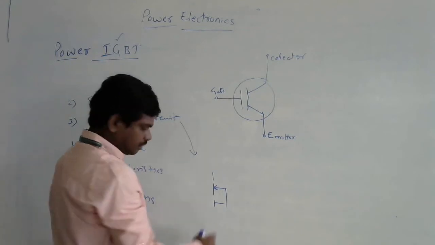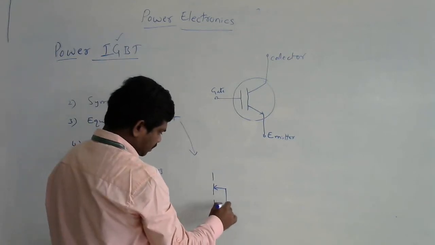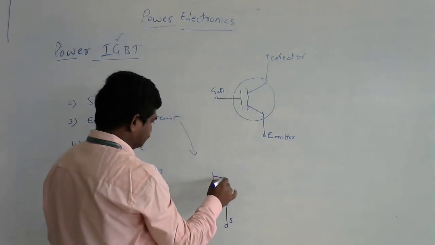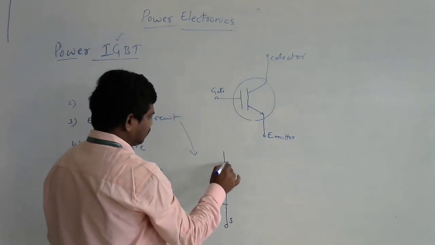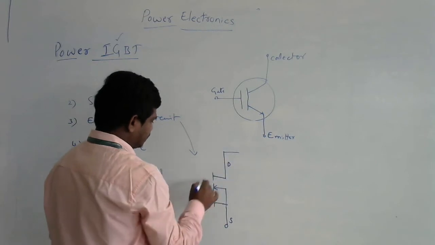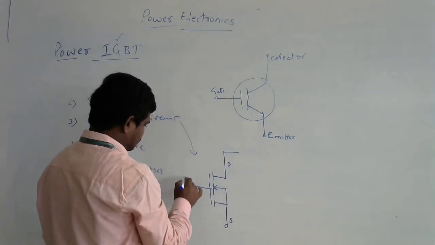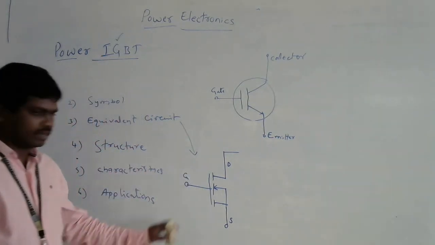This is the source terminal of the MOSFET, this is the drain terminal, and this is the gate terminal.